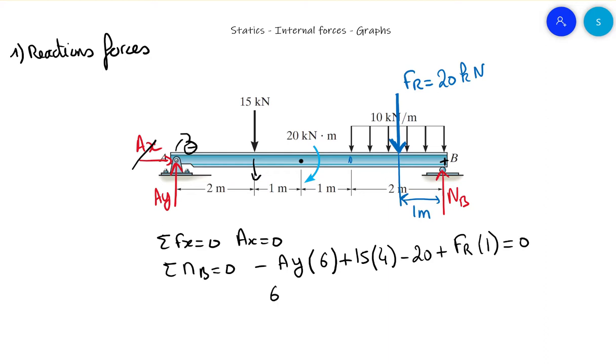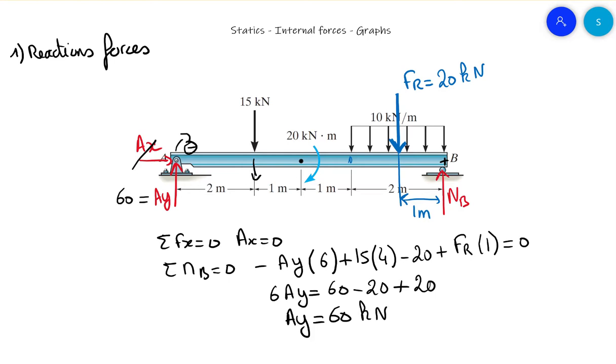So we have 6 times Ay equal to 15 times 4, 60, minus 20, plus FR, that is equal to 20.